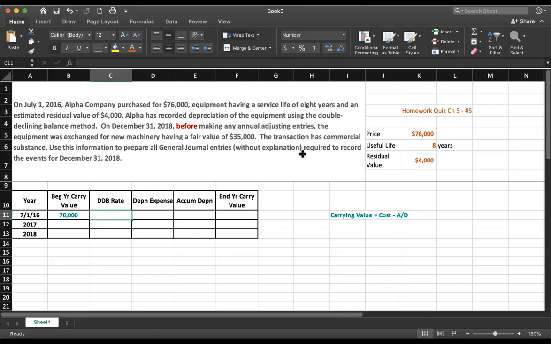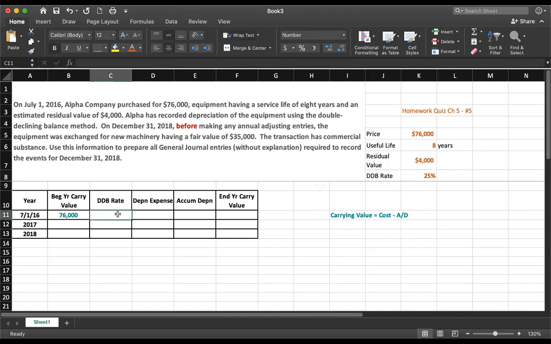Now remember, our double declining balance rate is equal to 1 over the useful life, and the useful life is 8 years, multiplied by 2, since we're doubling it. Let me put this as a percentage. So the double declining balance rate is 25%.